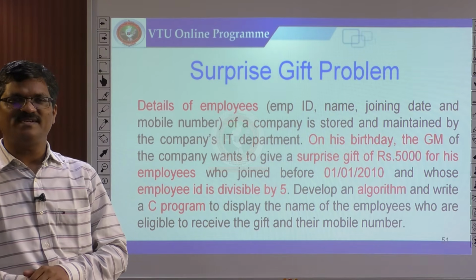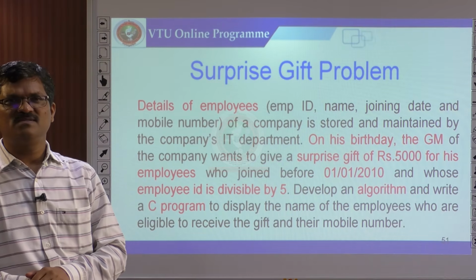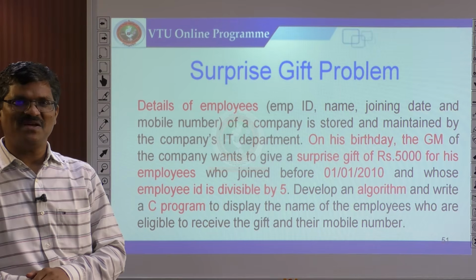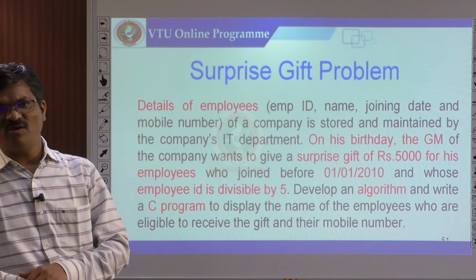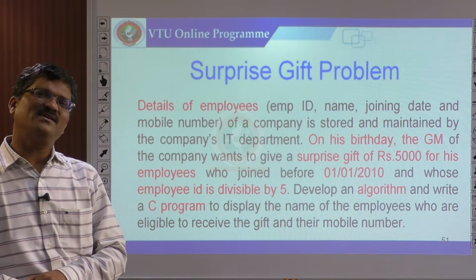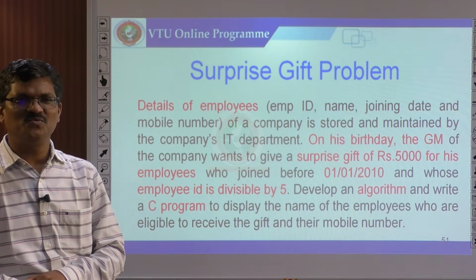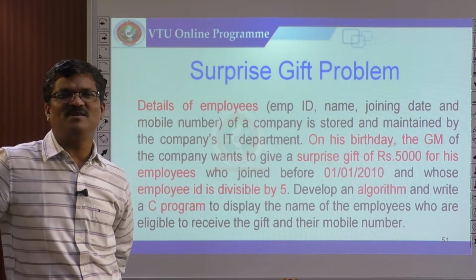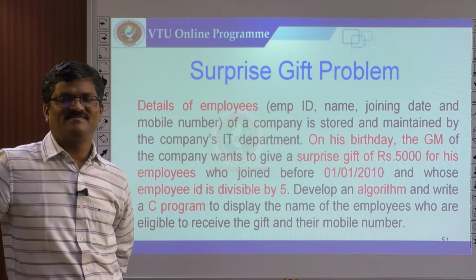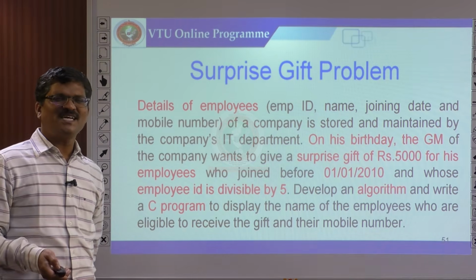So, this is the constraint and he would like to give 5,000 rupees as a gift to such employees. So, you need to develop an algorithm and write a C program that displays the names of the employees who are eligible to receive this gift along with their mobile numbers. This is the task for you.